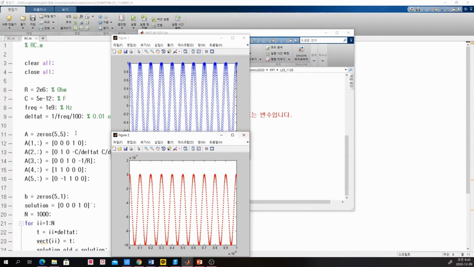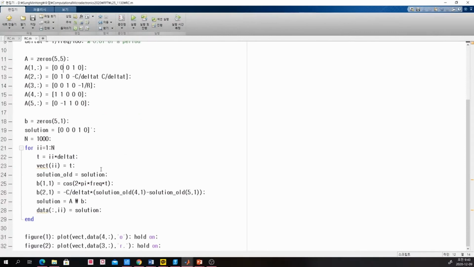This is really simple code, but think about this one. It contains the essential ingredient of transient simulation. Although its solution vector has only 5 entities, you can easily expand it to 1,000 or 10,000 or 100,000.